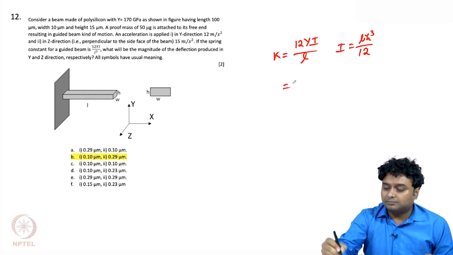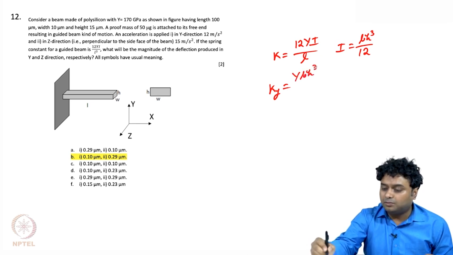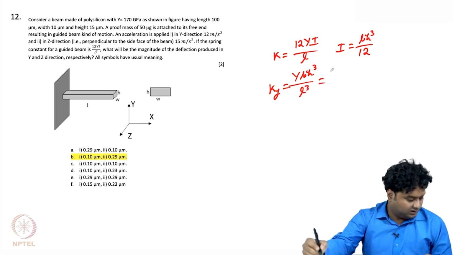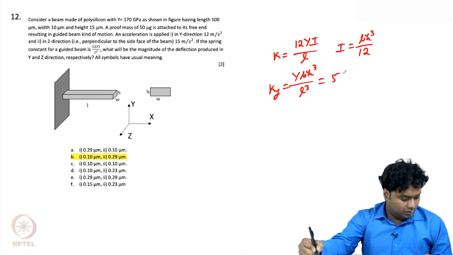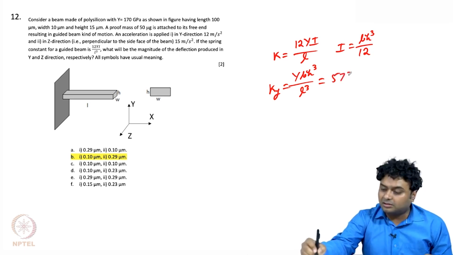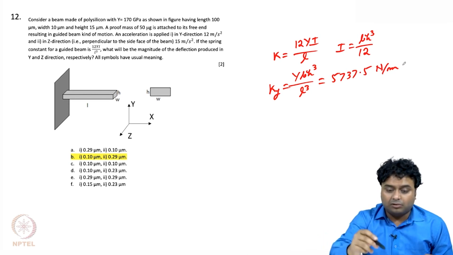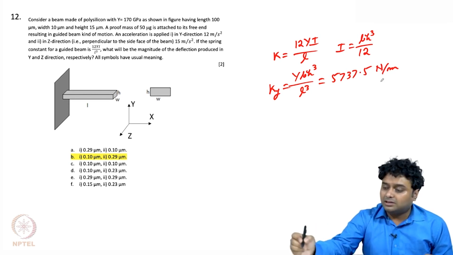So k y is equal to, 12 will get cancelled, E b h cube by L cube. You know all the values. If you put those values, then you will get k equals 5737.5 Newton per meter.